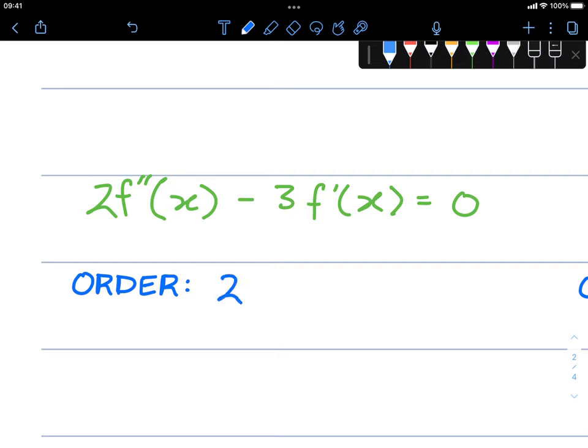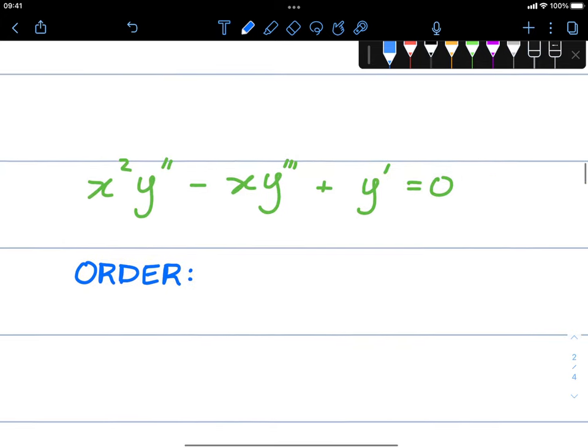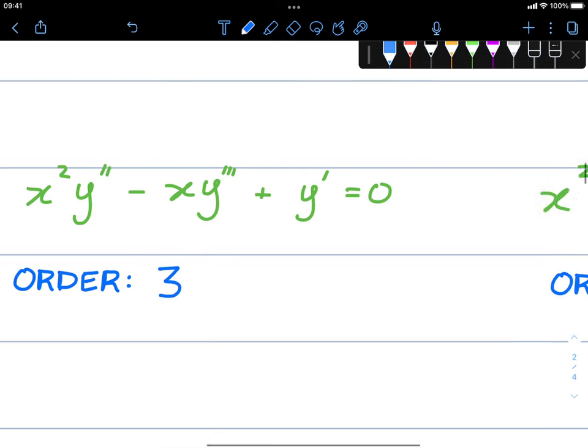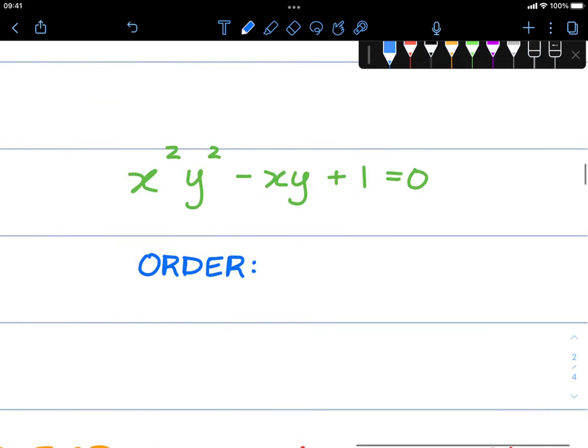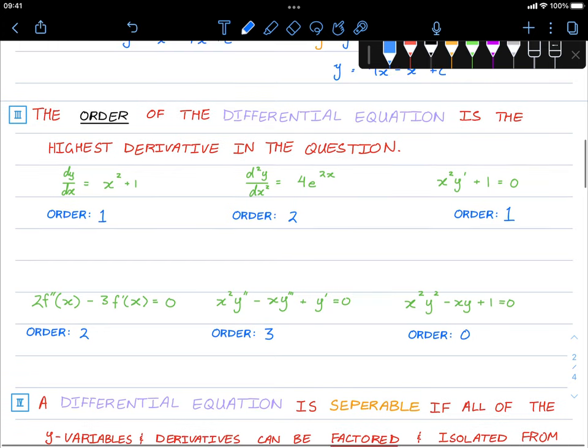It is the highest derivative of this differential equation. In this case here, we have the third derivative, y triple prime, so this is order 3. In this one here, if you look carefully, there are no derivatives, so this is order 0. Okay, so the order of a differential equation is the highest derivative in the question.